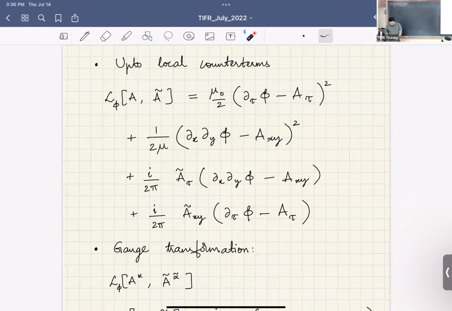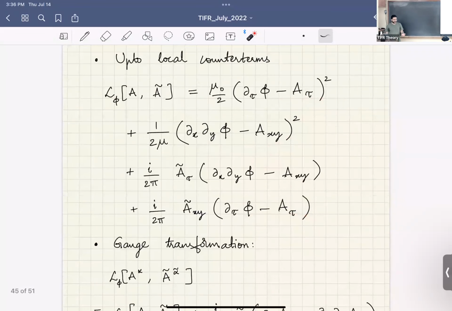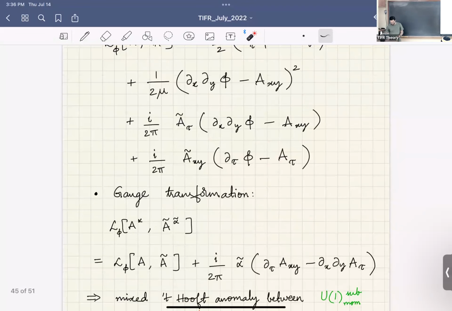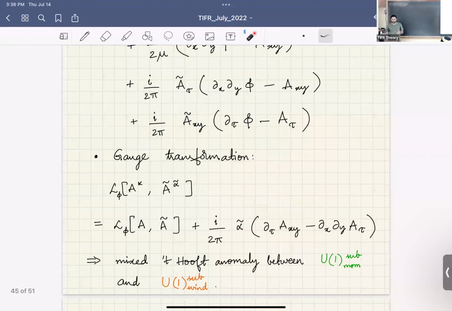Then you could ask whether this Lagrangian is gauge invariant or not, and you would get terms like this. And then you can add a bulk action which cancels this anomalous variation. Yes, you can do everything on the lattice, with the modified Villain form.